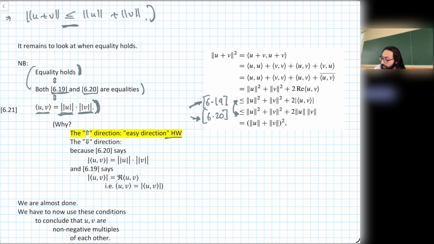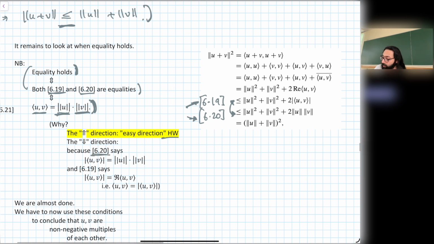Okay, so let's see. 6.20 says what? So this is an equality, right? So what does that mean? That means that uv is the same as, right? Because these two terms will cancel when you enforce 6.20. Is it making sense?